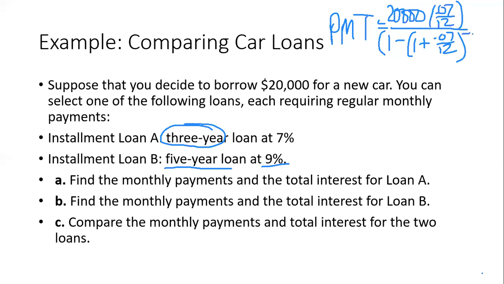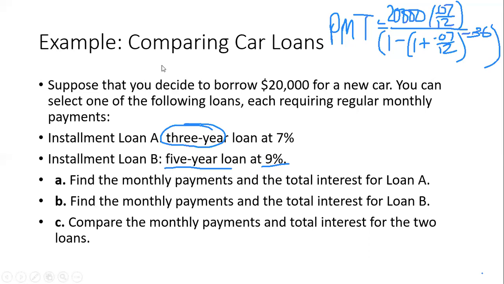So negative 12 times 3, 36. And close our brackets. So this is the formula that we need to plug into our calculator.